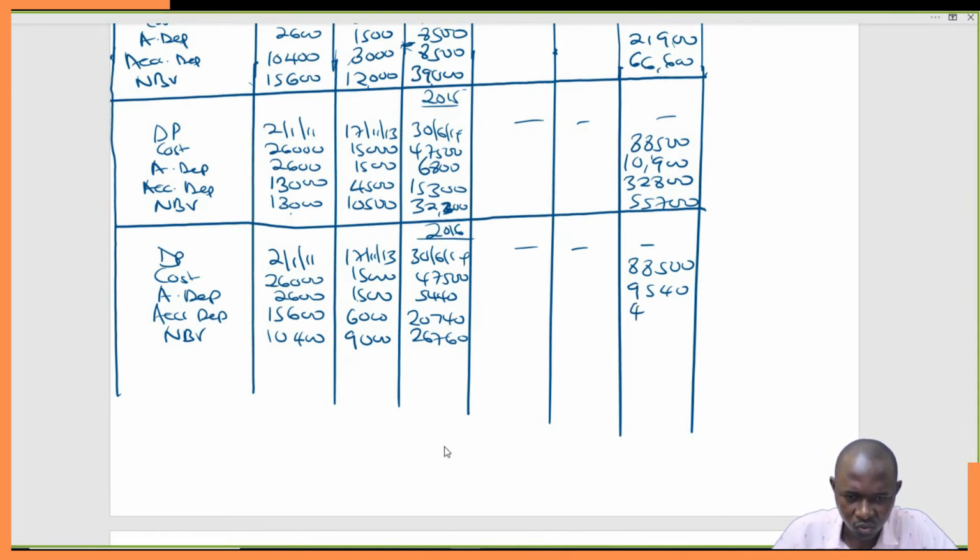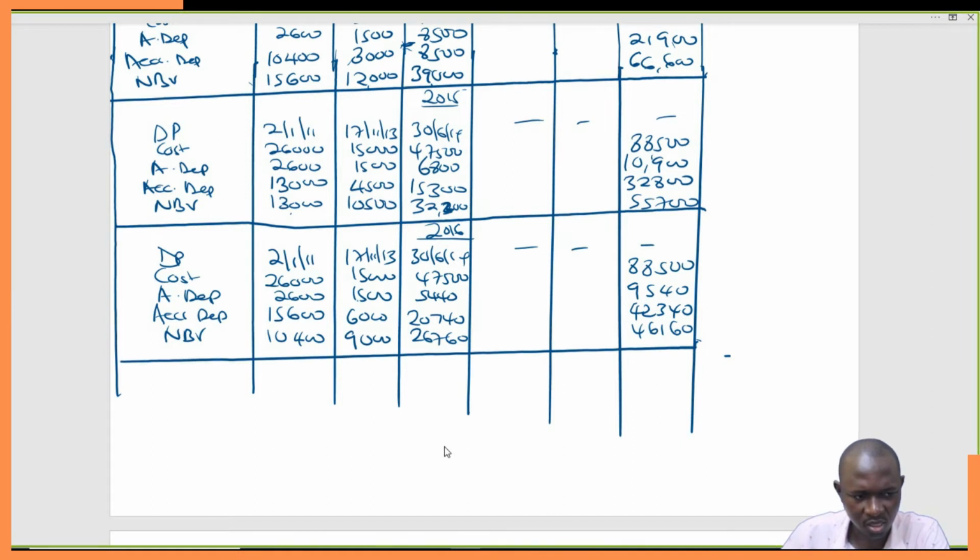So 42,340, and then 42,340 minus 88,500, that gives us 46,160. So this is 46,160. That is the value of the machines as at that particular point in time. So let's do that line and we close it. So we go to 2017.